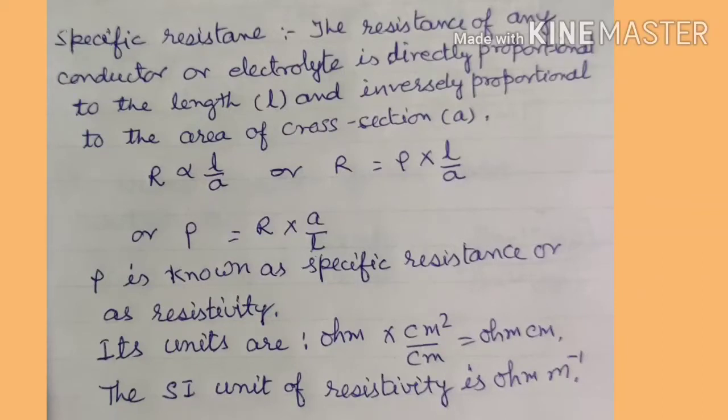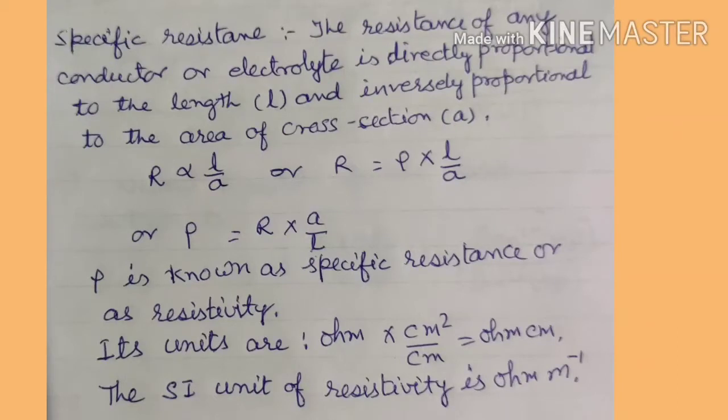So we can write R is directly proportional to L, and inversely proportional to the cross-sectional area A. So R is directly proportional to L upon A, or R is equal to rho into L upon A, where rho is called the specific resistance. So rho is equal to R into A upon L. Rho is known as specific resistance or resistivity.